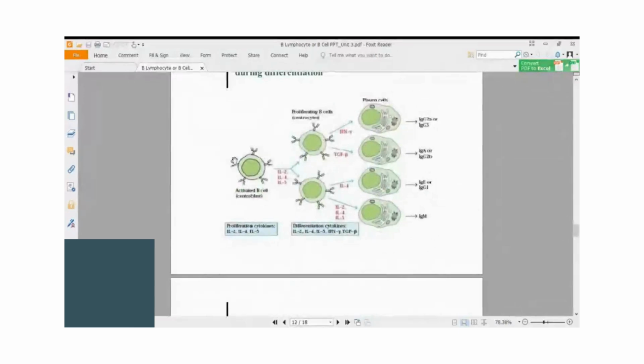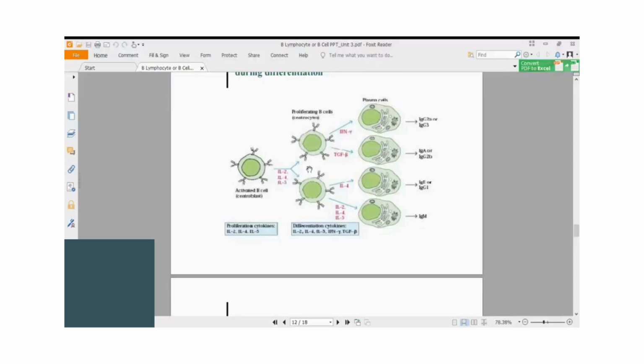So the centroblast, which is showing the high affinity, will now undergo proliferation with high affinity receptors on its surface, and those cells will respond to different types of cytokines secreted by the Th cell, and those cytokines will be IL-2, IL-4, IL-5. In addition, IL-6 is not shown here, but it is very important for differentiation of the B lymphocyte.